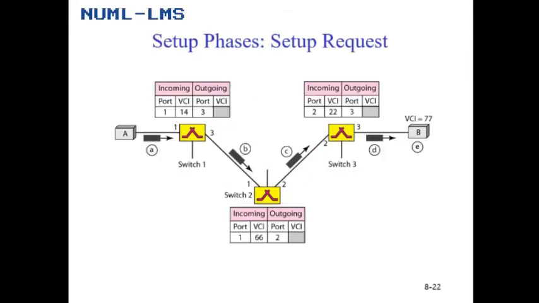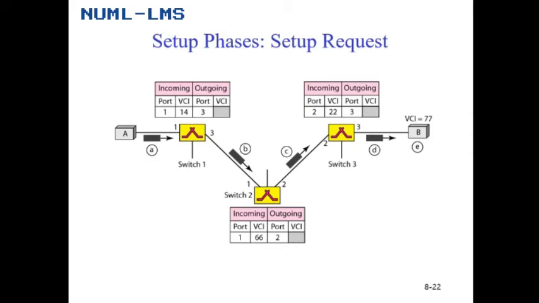Next, we'll talk about the setup phase for a virtual circuit. In the setup phase, a switch creates an entry for a virtual circuit. For example, suppose station A wants to send data to station B. 2 steps are required: the setup request and the acknowledgement.